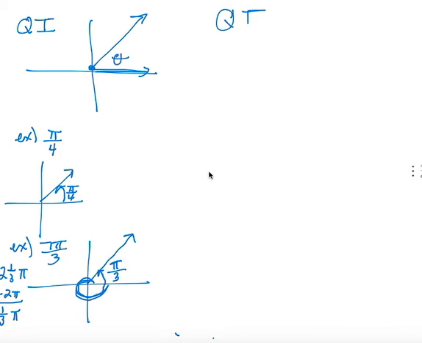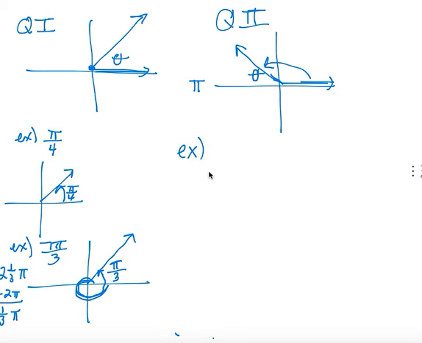If I'm in quadrant 2, my picture maybe looks something like this. I'm rotating in this direction. So now my reference angle is here to the closest x. So that closest x will take me to a location of 1 pi. So for example, if I gave you an angle of 4 pi over 5, I know that picture is more than 1/2 pi, so it's putting me somewhere around here.